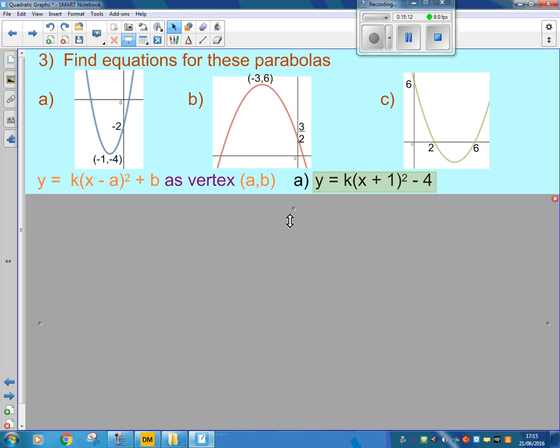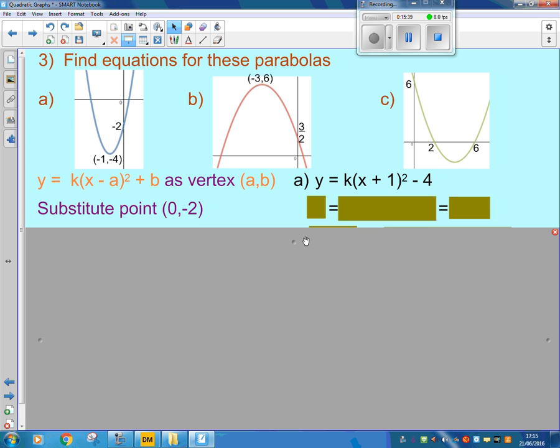For this one, y is going to be k, some unknown number, times... The vertex is (minus 1, 4), so it's going to be x plus 1, because you change the sign, and the 4 we don't change. Actually the vertex has y-value minus 4, so it's going to be k times x plus 1 all squared minus 4. Just plugging in the vertex. The vertex is (a, b), and it's going to be x minus a all squared plus b. Okay?